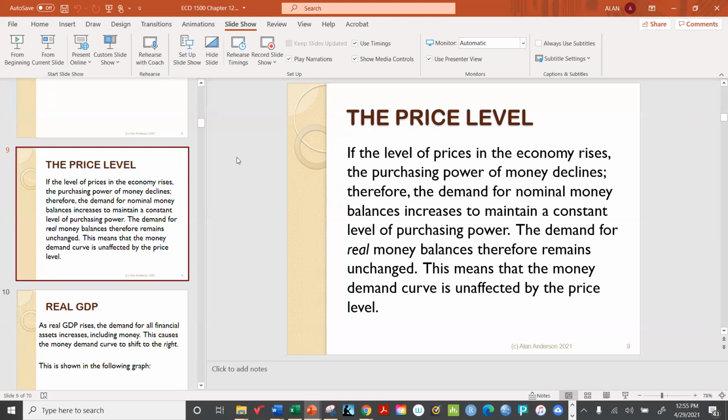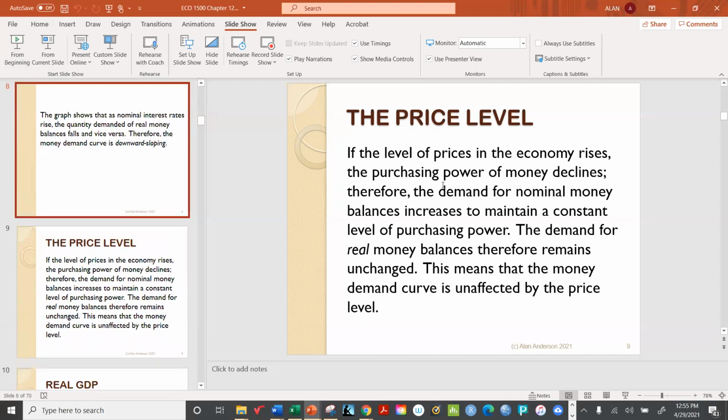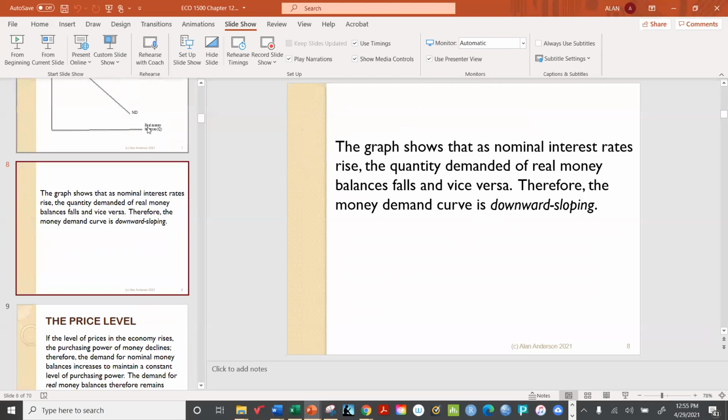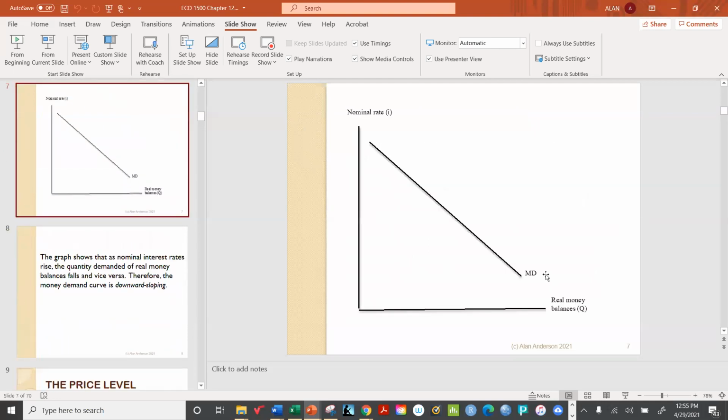All right. Now, on the other hand, as far as the graph is concerned, what they've done here is put real money balances on the horizontal axis, which means that because these are inflation adjusted as it is, for this curve, the price level will not cause it to shift around.